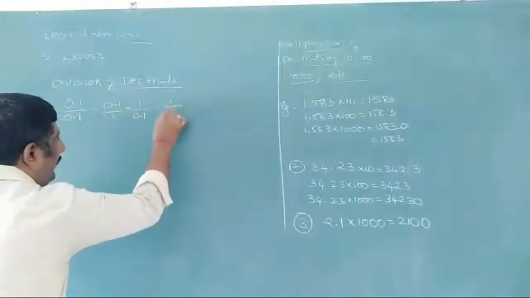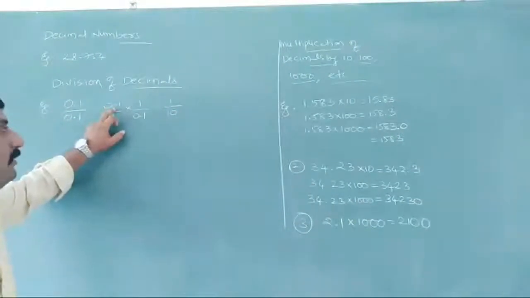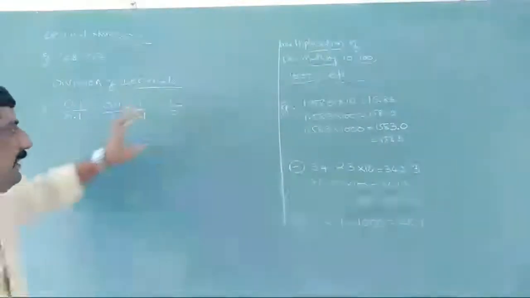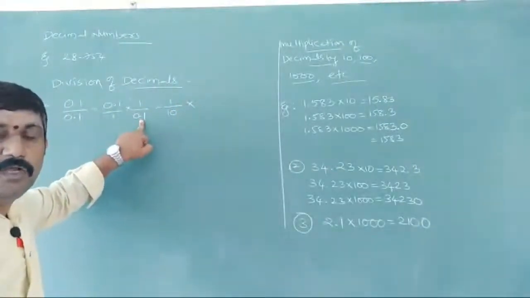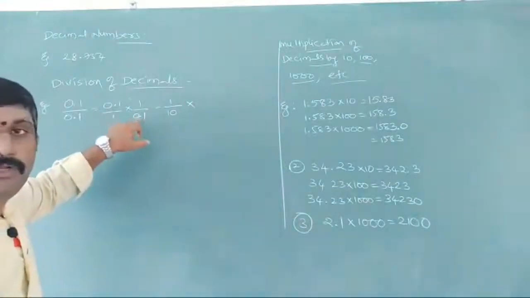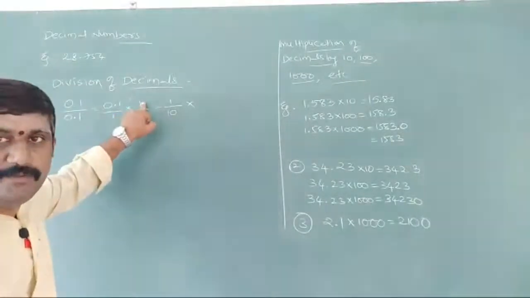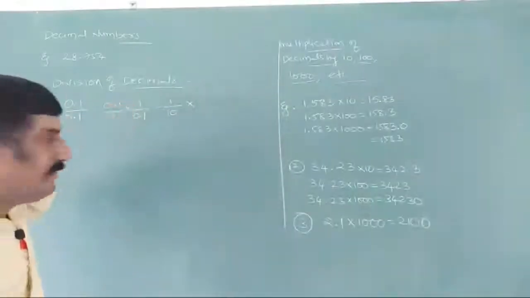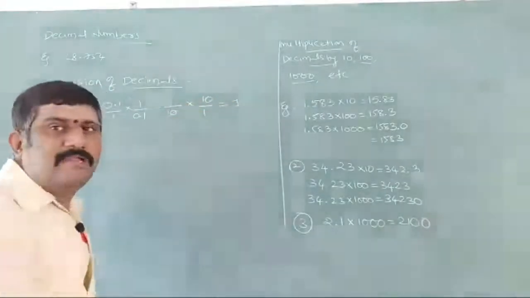So 1 by 10 I am writing now. Observe carefully. We are eliminating this point and keeping a 0 in the denominator. So it becomes 1 by 10 into, in the denominator we have 0.1. Now in the denominator we are going to eliminate this point, so in the numerator we are going to give 1 0 here. After the point only one digit we have, that's why I am going to give 1 0 here. So 10 by 1, nothing but simply both get cancelled. The answer is going to be 1.